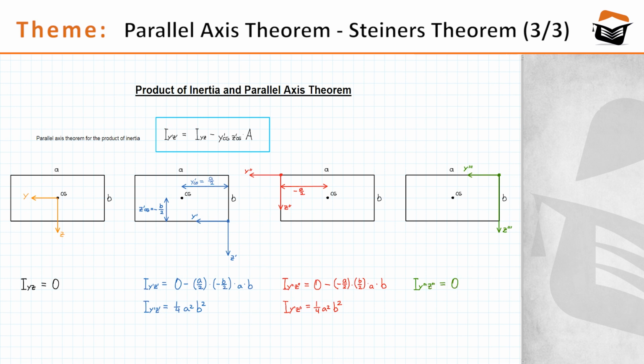Again, 0 for I sub yz minus y sub cg triple prime, the distance between the centroid and the origin of the coordinate system along the y triple prime axis, and that distance is a divided by 2, positive, times z sub cg triple prime, and that distance is positive b half. And then times a times b.